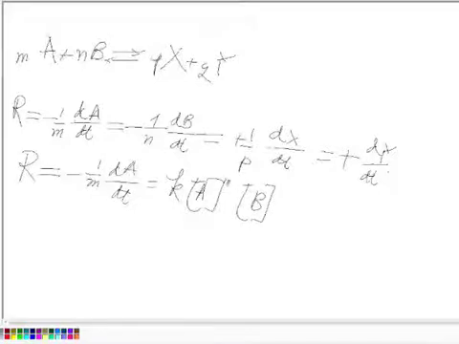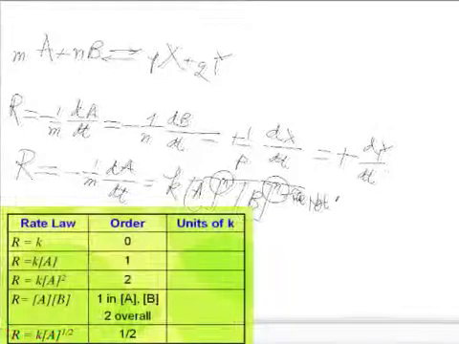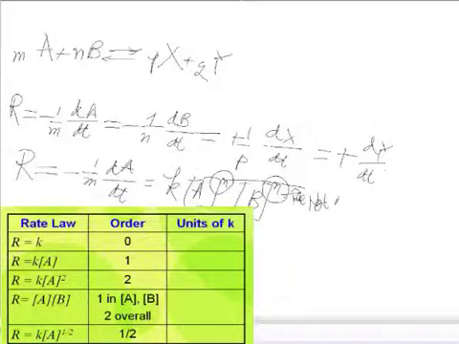I can write it here as m and n, but the m and n here are not the reaction coefficients. They are the reaction orders, not the reaction coefficients.